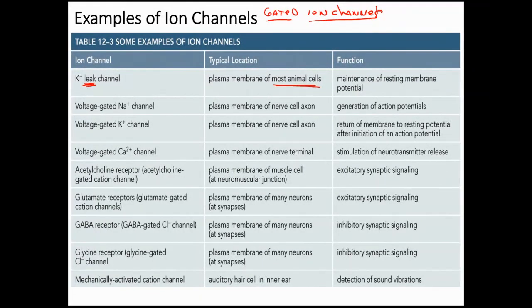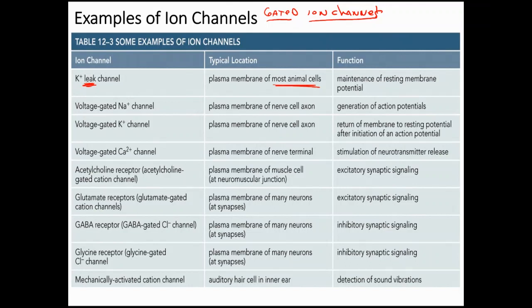And this idea of the potassium leaky channel means that it's not gated. There is no trigger that tries to open it or close it. It periodically goes through different transitions of opening and closing, random opening and closing. And when it's open, it allows whatever ion it's geared for, which in this case would be potassium, to passively move into the cell or out of the cell, depending upon whatever the situation of that cell is.